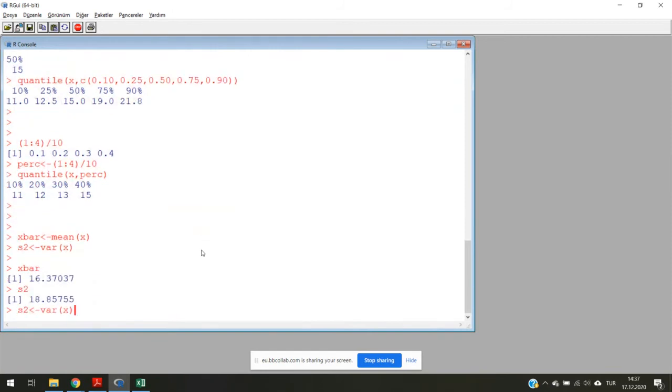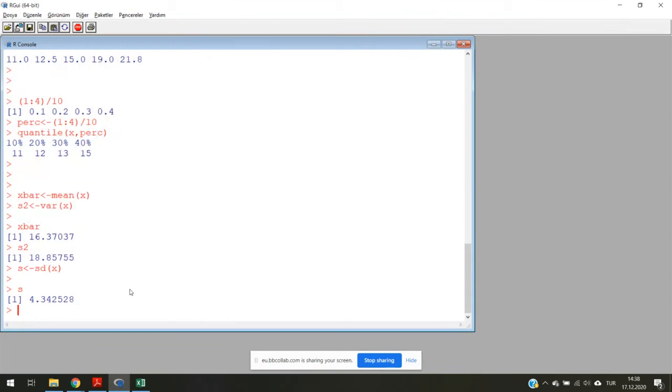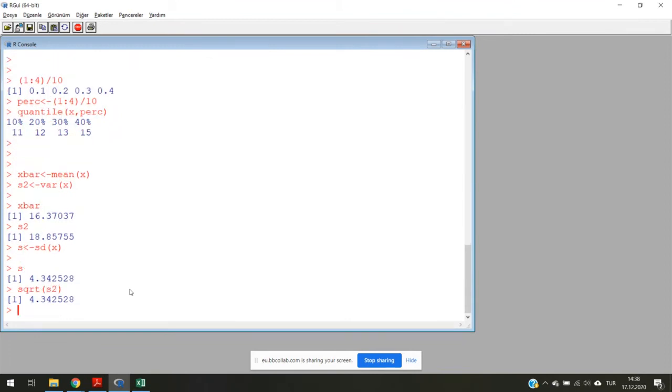And you can also calculate the sample standard deviation directly by using the sd command. Okay, so sd here stands for standard deviation, and we can simply store it in S, and S is here. In fact, if you take the square root of the sample variance, you are also going to get the same value as well.